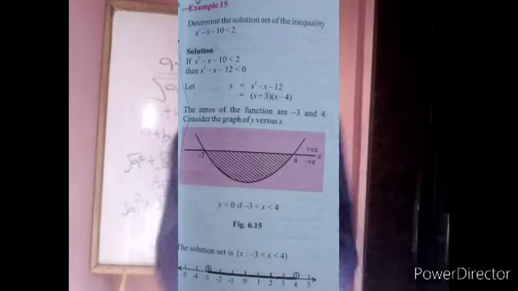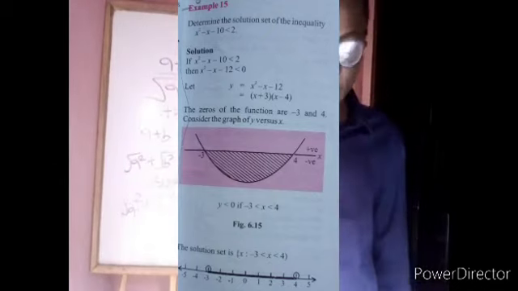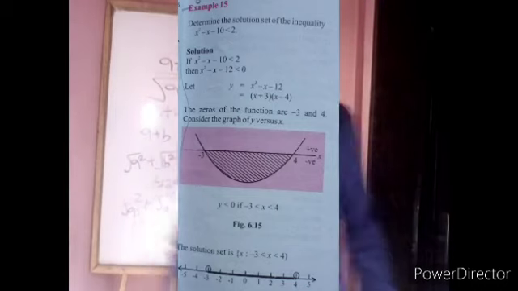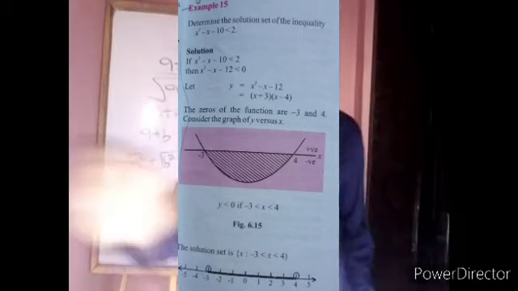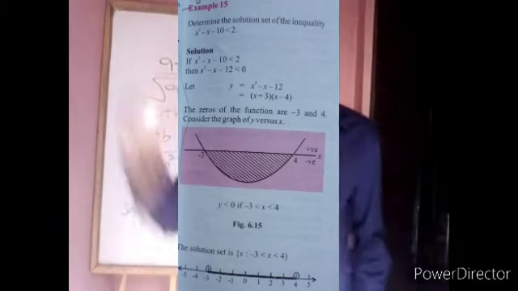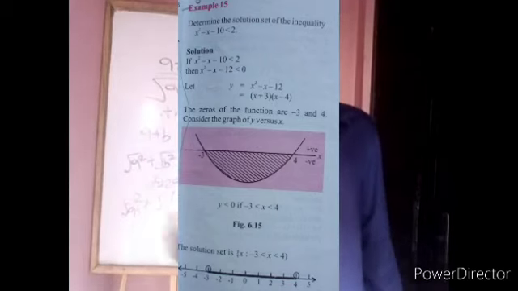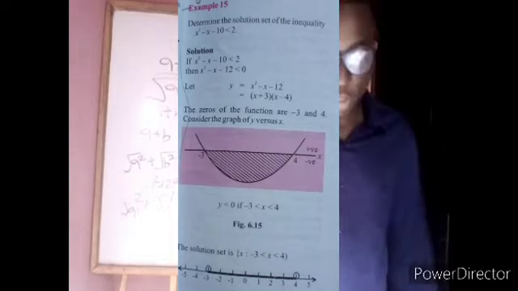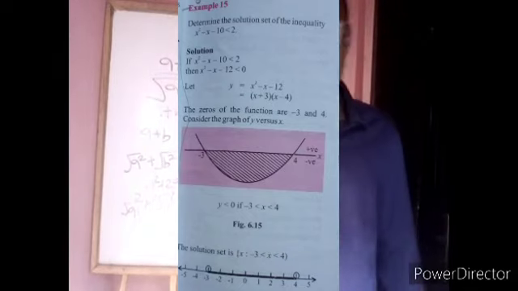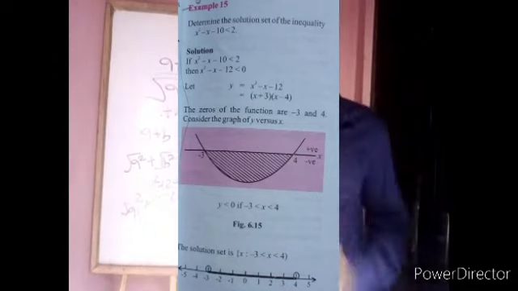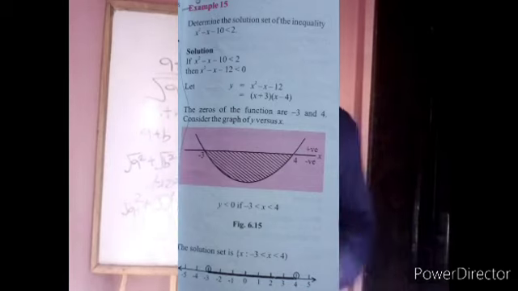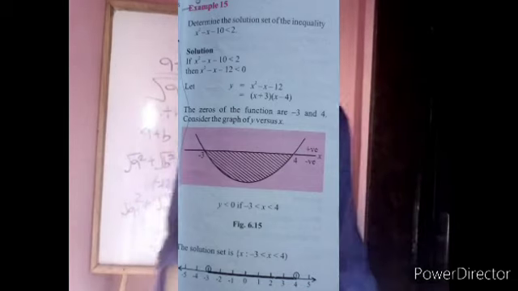So let's move on. So that is the solution of this question, and then you can see it represented on the solution set. The solution set is kind of like a line of numbers from negative through to 0 through to positive. In this case, we have the lower value of x. We said earlier that x is minus 3, so this minus 3 will make a circle above that value on the number line. Then we'll also go to the next value of x, which is 4, and make a circle above the number 4 on the number line.